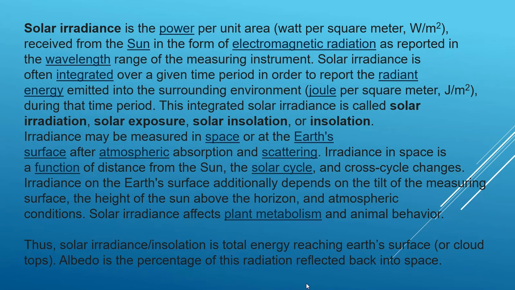Solar irradiance affects plant metabolism and animal behavior. Thus, solar irradiance or insolation is the total energy reaching the Earth's surface or cloud tops. Albedo is the percentage of this radiation reflected back into space.